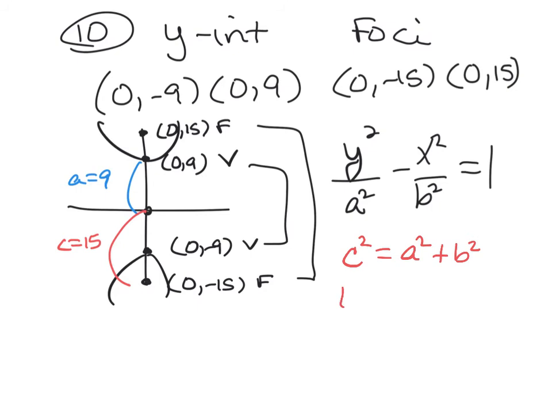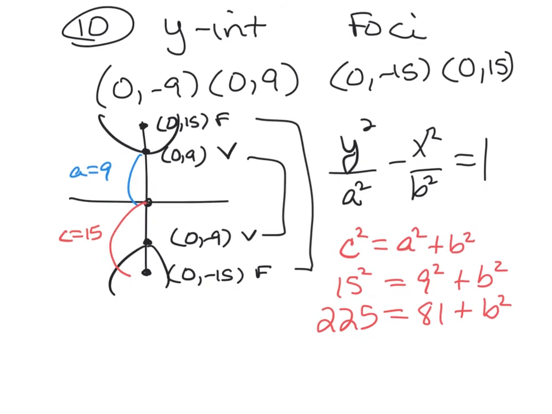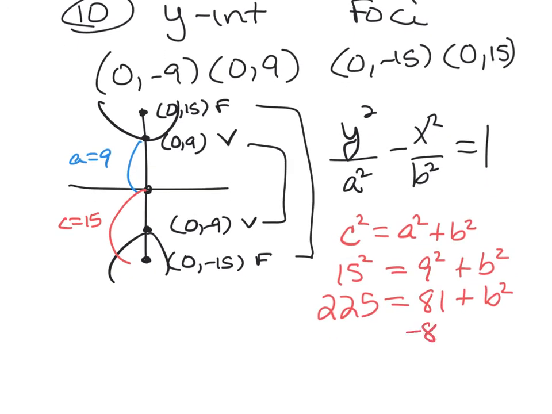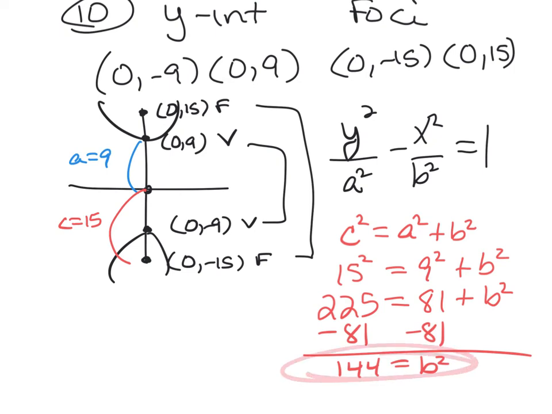C is 15, a is 9. I'm going to square them: 225, 81. Subtract the 81. 144 equals b squared. I now have everything that I need.